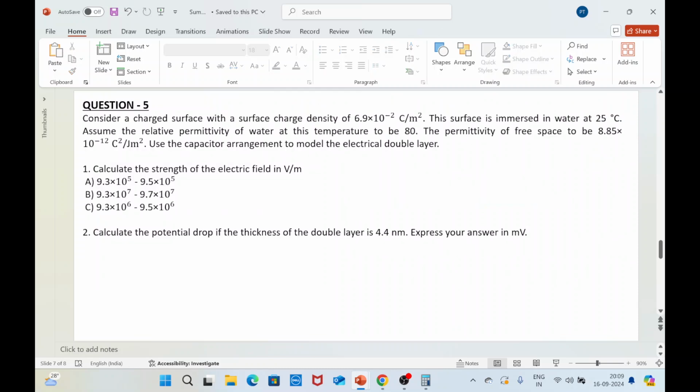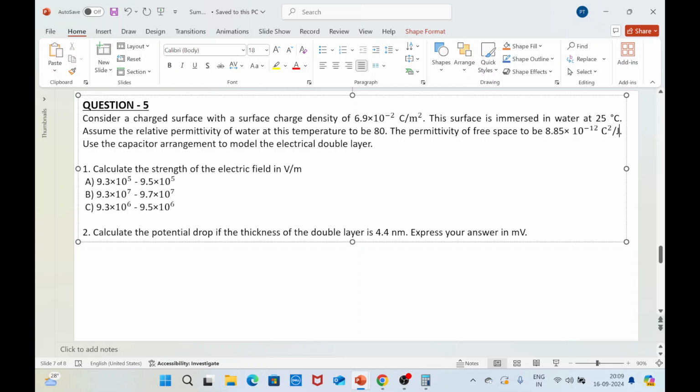Since we are running short of time, we have one question here. I think you will know how to solve this, but let me give hints.